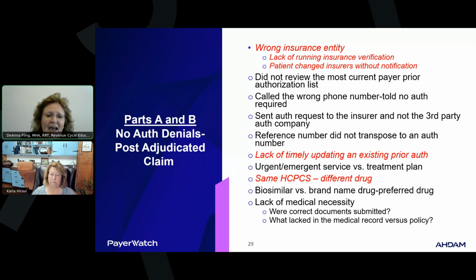Most insurers allow a 48-hour window to revise or update a prior auth prior to billing, or to obtain an authorization if the service was considered emergent or urgent. If that 48-hour window starts late Friday afternoon, and you know that by Monday morning that window is going to be gone, I've been successful with getting those types of no auth denials overturned.